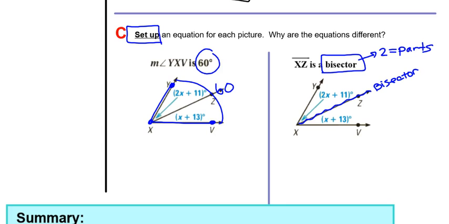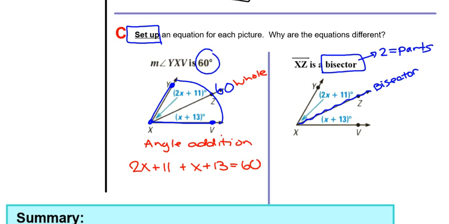For the first problem, we are going to do angle addition, because they give me the whole measure, and I have the two parts, 2x plus 11 plus x plus 13 equals 60 degrees.